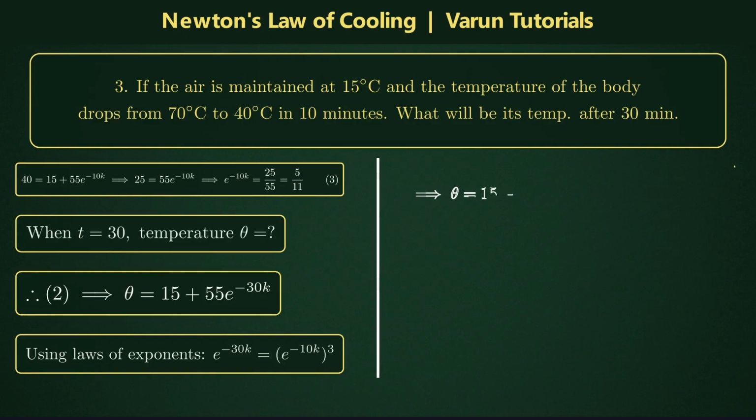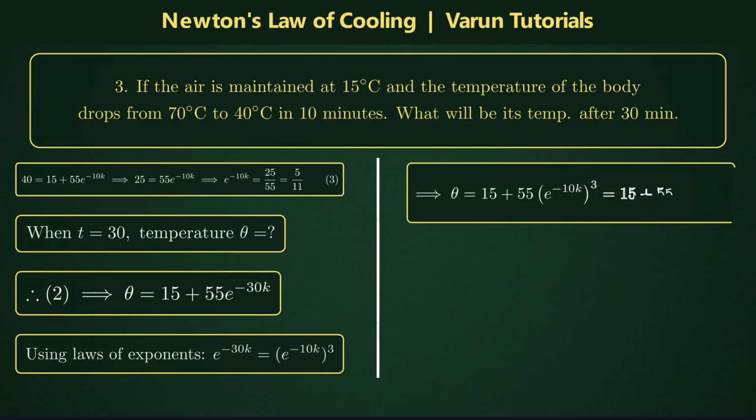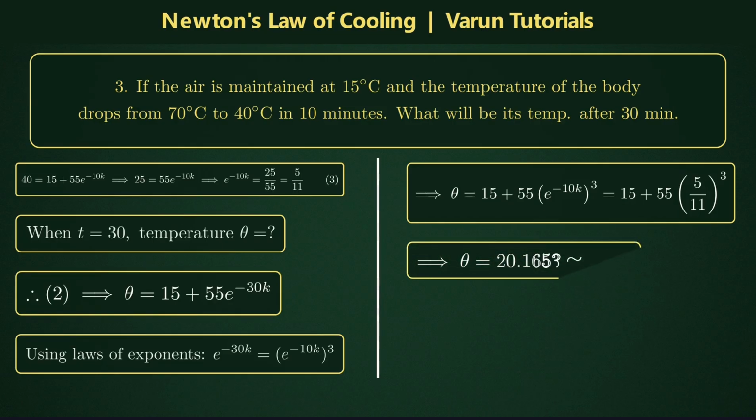Substituting equation 3 into this expression, we get theta equals 15 plus 55 times the quantity 5 over 11 cubed. Evaluating this expression yields theta equals 20.1653, which is approximately 20 degrees Celsius. Therefore, the temperature after 30 minutes will be approximately 20 degrees Celsius.